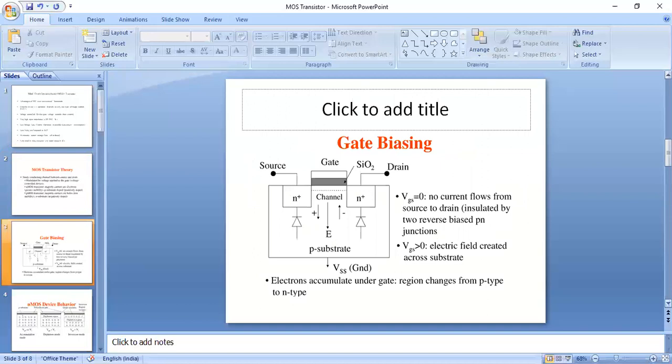Gate biasing. How does biasing take place within this MOS transistor? In this diagram, we are seeing a MOS transistor constructed from the P substrate, which we use as a base. Within that, N plus plus wells are created, so the N positive materials are doped above this P substrate.